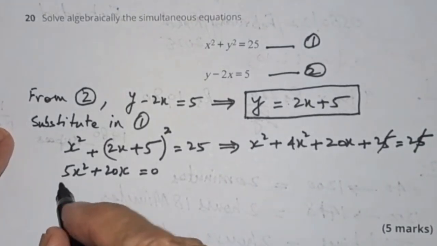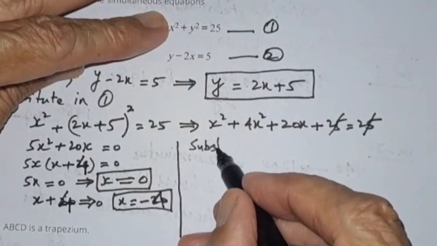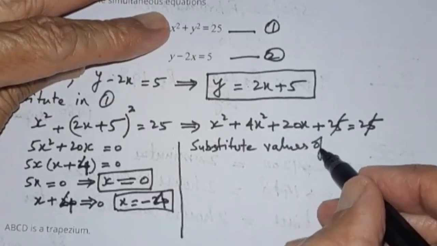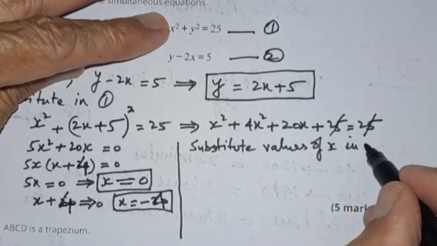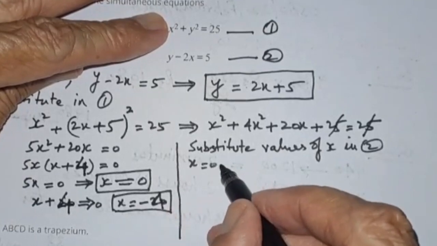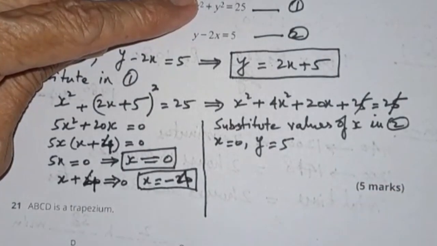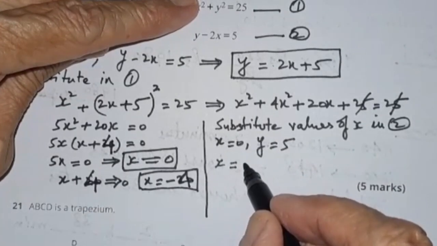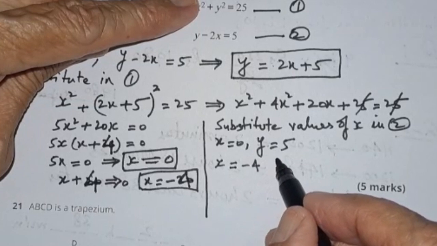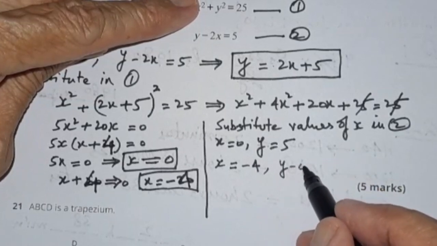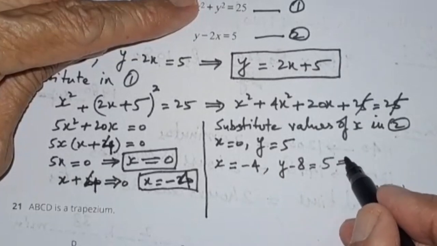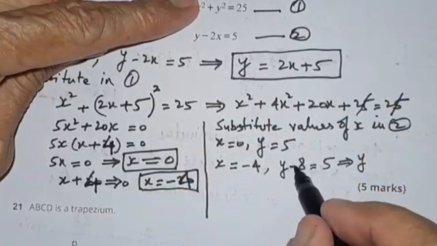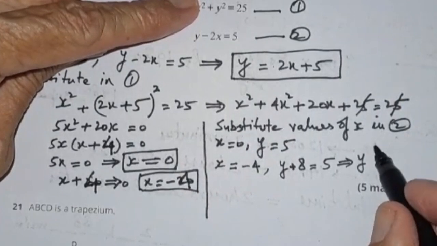Taking 5x common, we get the values of x. Substitute values of x in equation 2. x equal to 0, x equal to minus 4. y minus 8 is equal to 5 means y is equal to 5 plus 8, because minus 4 and minus becomes plus.